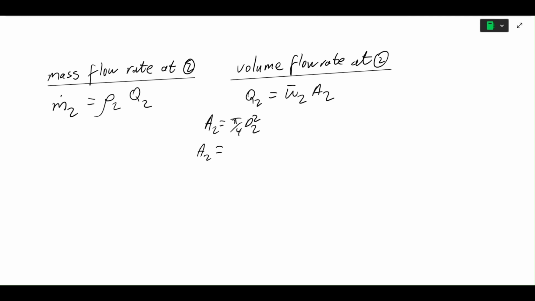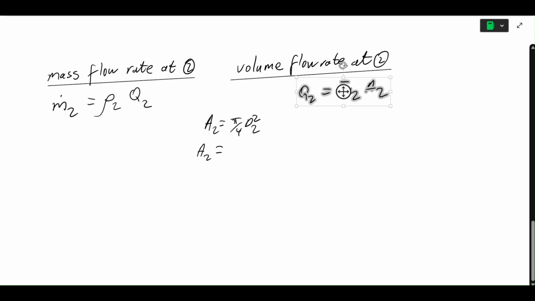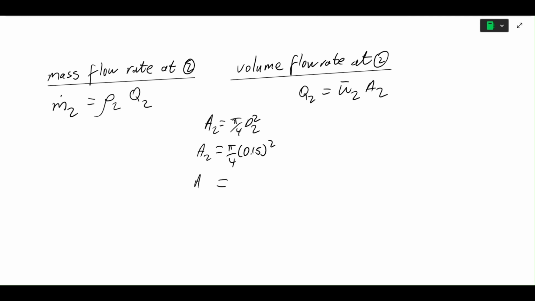A2 is equal to, let's move that to the side, pi on 4 times 0.15 squared. So A2 is pi on 4 times 0.15 squared, 0.01.